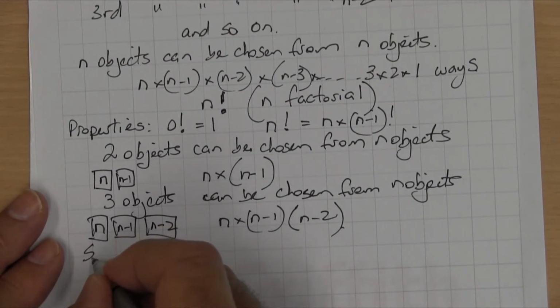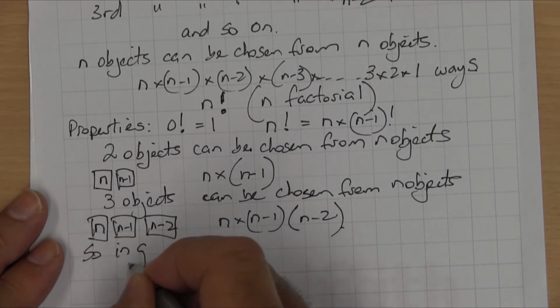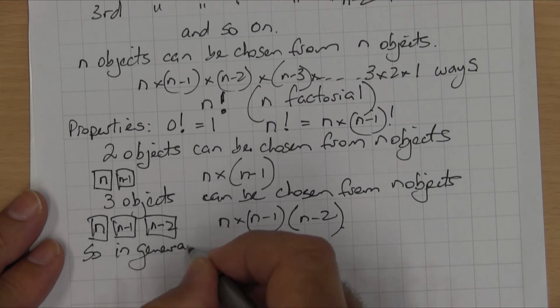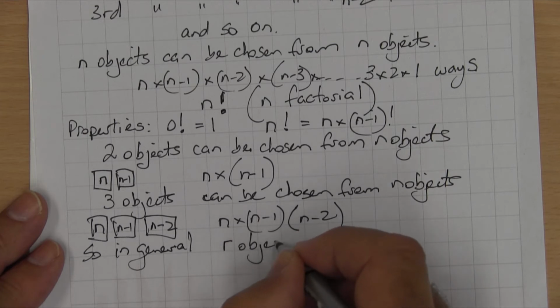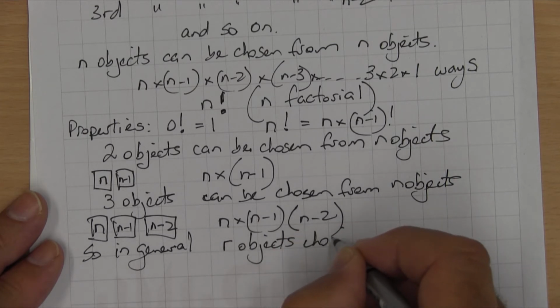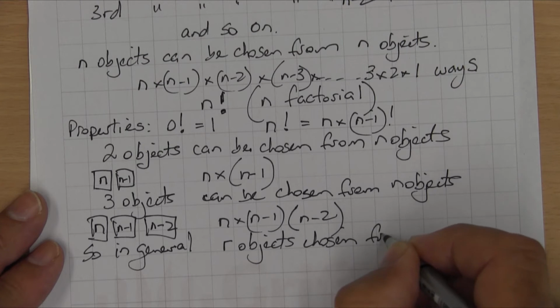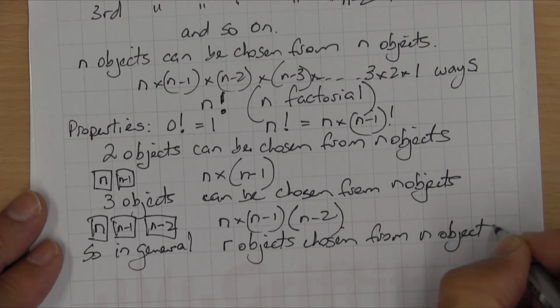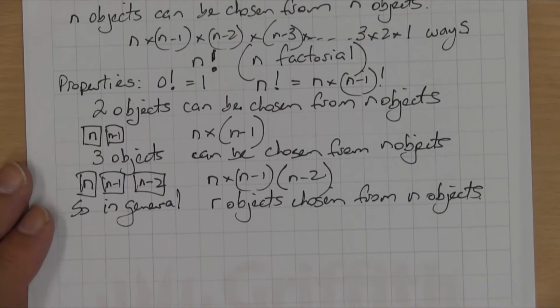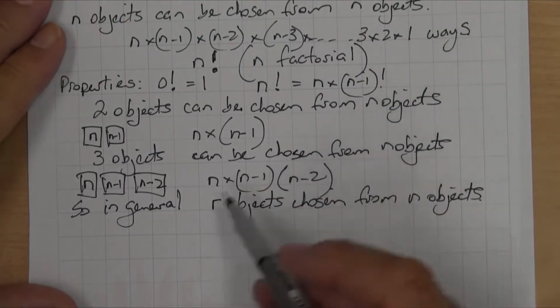So in general, r objects chosen from n. Okay, let's have a look at what's going on here.